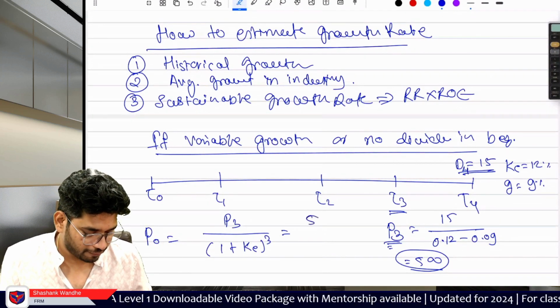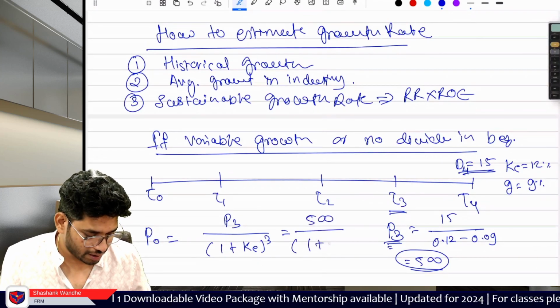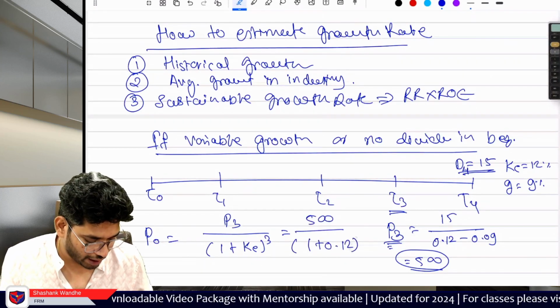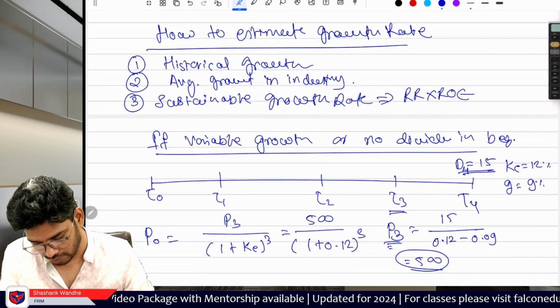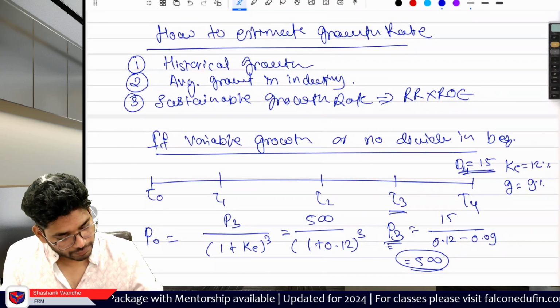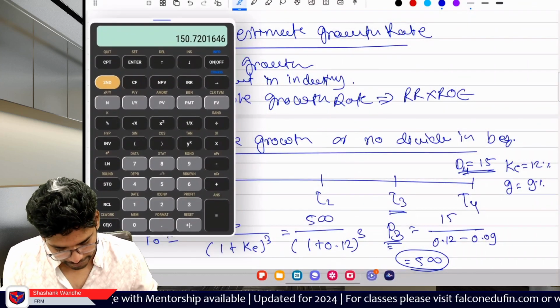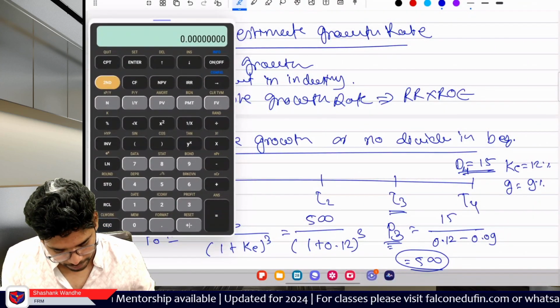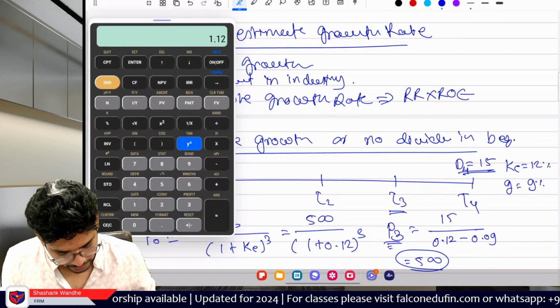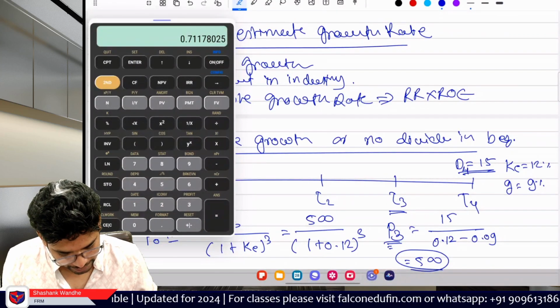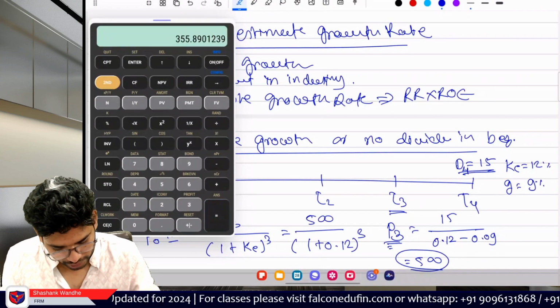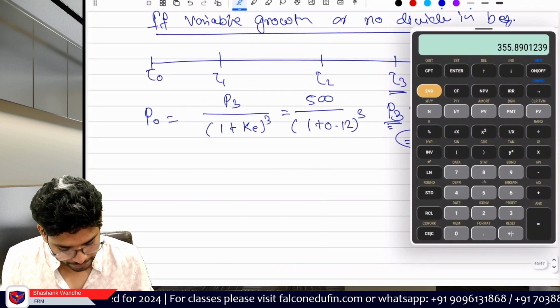So 500 divided by 1 plus the discount rate, same KE, to the power 3. So 1.12 to the power 3, then 1 by x multiplied by 500. So 355 is the P0.